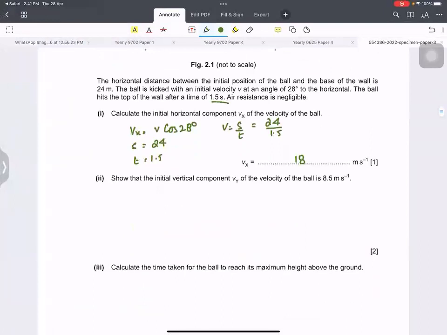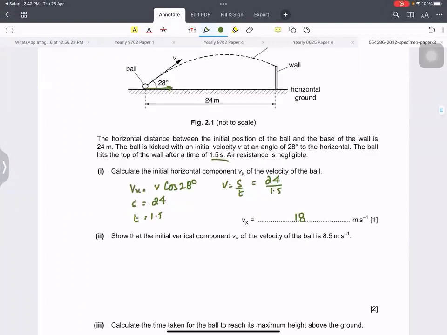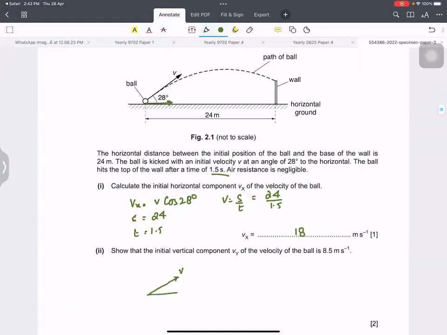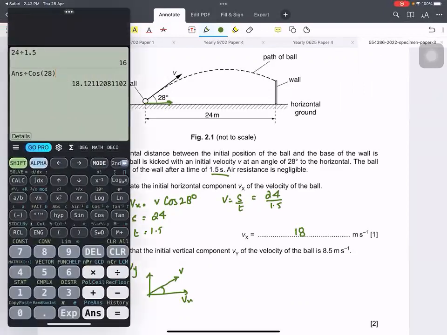All right. Now it says show that the initial vertical component of velocity of the ball is this. Initial vertical component, because we have Vx. We don't have V, we have just Vx. And yes. How was it 18? I got 16. You got 16. It's on my calculator.